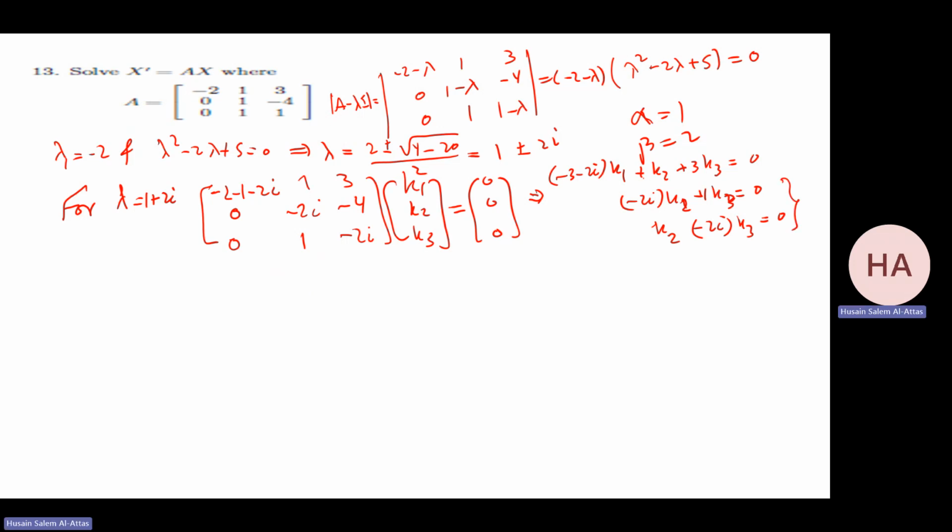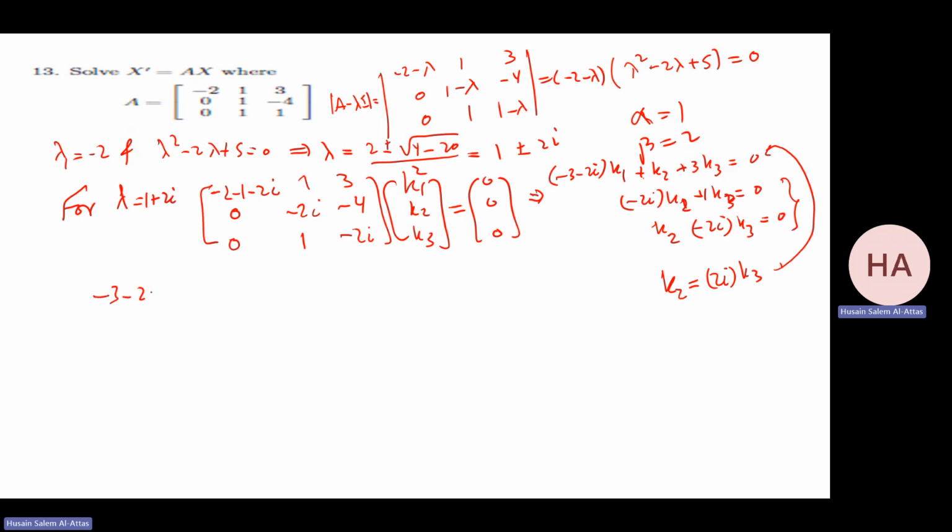Notice, minus 2i times minus 2i, that will be 4i squared, which is minus 4. Okay. So from this, I can get the answers. Usually, k2 equals 2i k3.